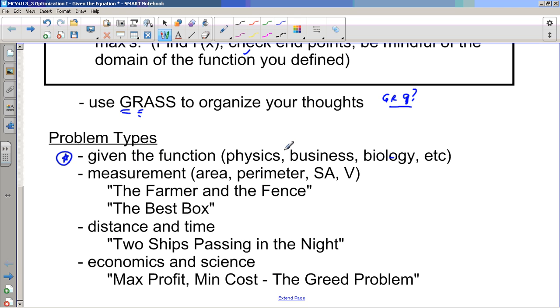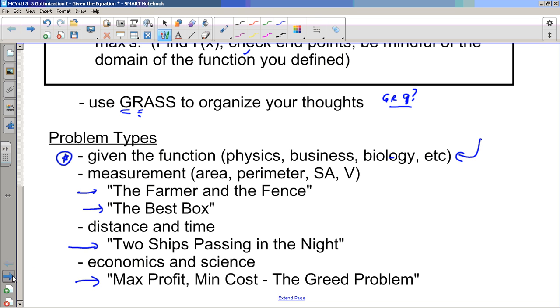I think the first one that we do is in physics, actually, a science question. And then we'll do a day where we talk about measurement, and there's these classic problem types: the farmer and the fence, the best box, distance and time, the two ships passing in the night, and the economics and science, the greed problem. All these we'll see in the next few days. For now, we're going to start with the given function.